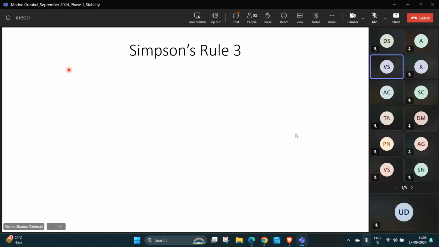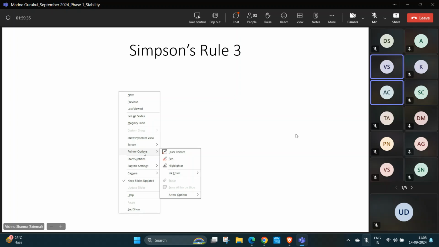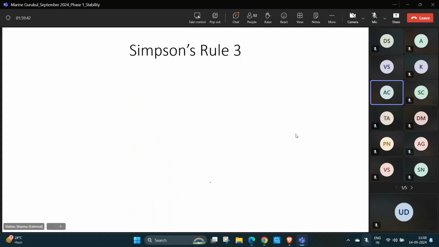We studied rules 1 and 2 together because everything was the same between the two rules except the values. Can you mute yourself, Amit? Amit, mute yourself, please. Thank you. Rules 1 and 2 we studied together because the process was exactly the same.